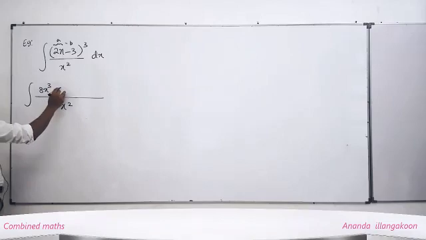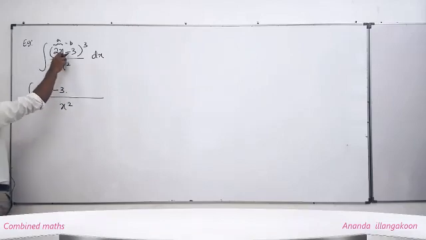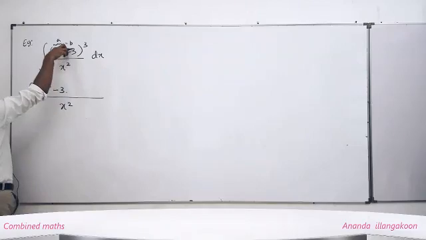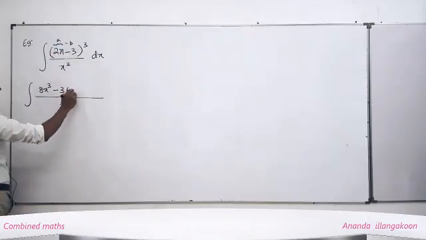And then minus 3 times the square of this into this. Square of this means 4x squared into 3, then 12x squared, and this 3, 36x squared.